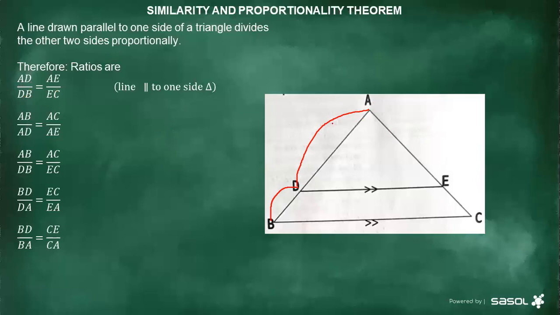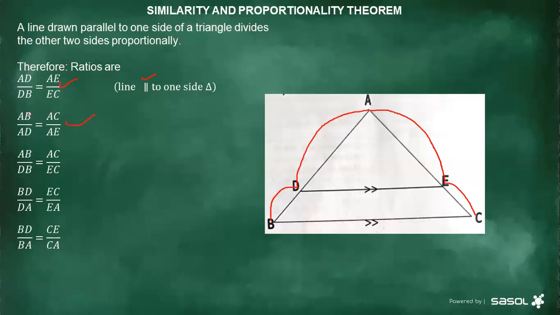Since we said AD divided by DB, then obviously we're going to say AE divided by EC. You can see here that AD over DB equals AE over EC. And every time you write that statement, you must give the reason: line parallel to one side of a triangle. You only say these are equal if there is a line which is parallel to one side of that triangle.